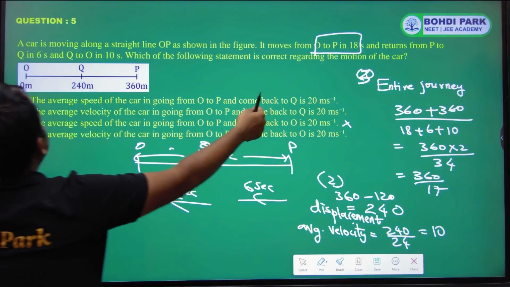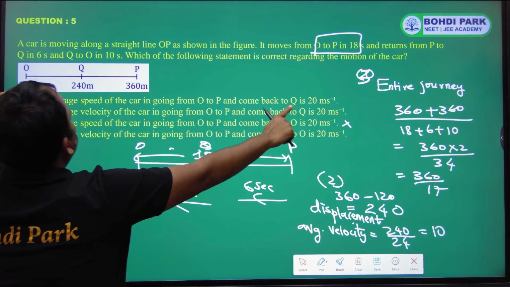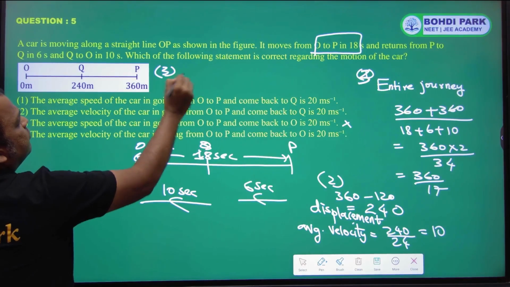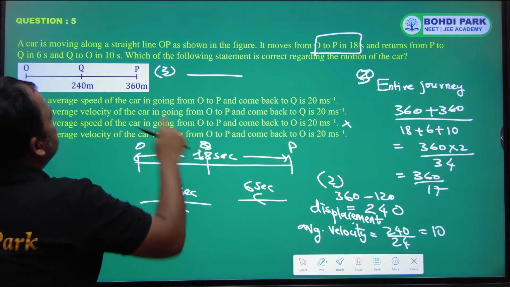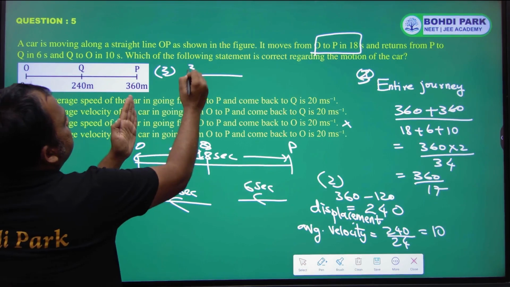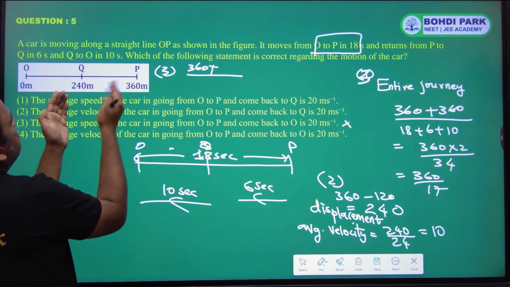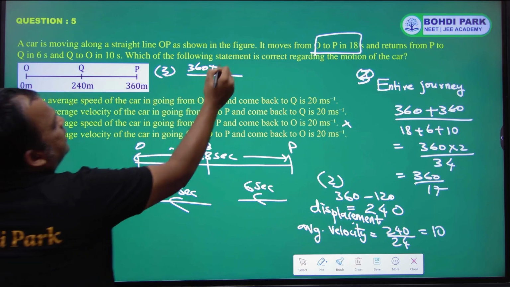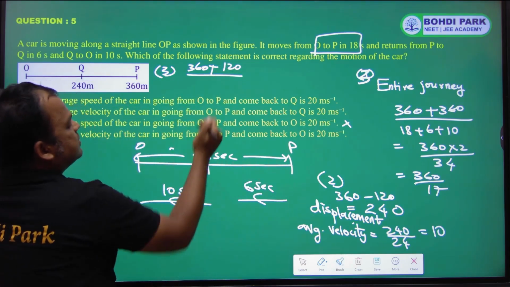Let's check the first option again. Average speed of the car O to P and up to Q. The distance covered is 360. Now back to Q, P to Q it is 120. So 360 plus 120 and time taken 18 plus 6.